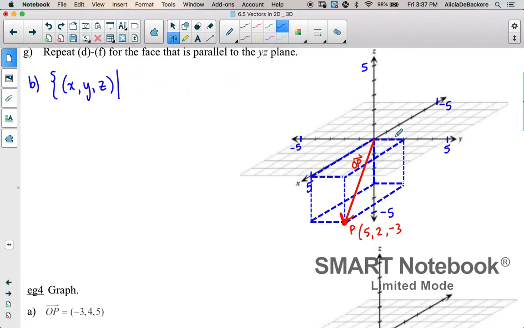If I'm inside the box, the x number, the forward-backward number, must be between 0 and 5. And if I'm inside the box, the y number, the horizontal number, must be between 0 and 2. And then if I'm inside the box, the z number, the vertical number, must be between 0 and -3. Oops, sorry, -3 and 0.